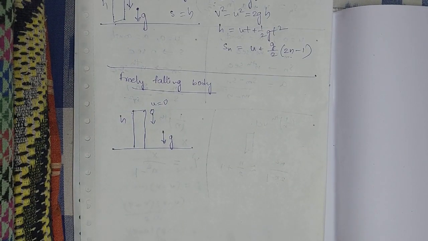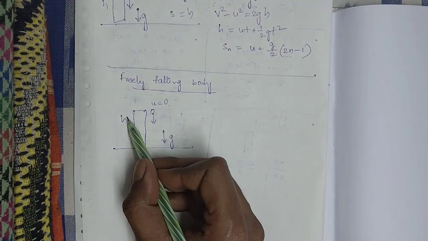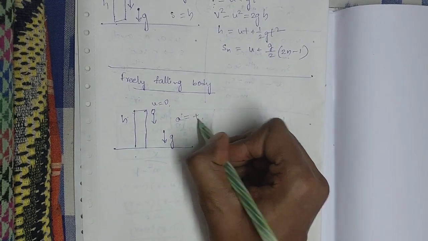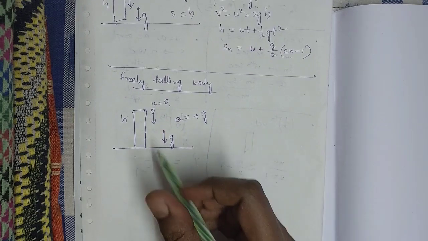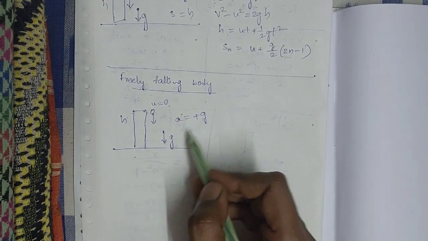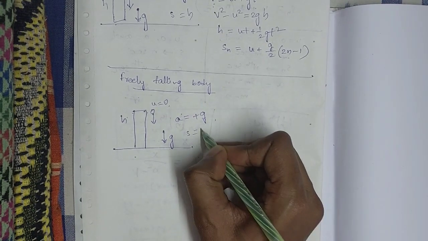In the next case, if the body is released freely with initial velocity 0 from the height h, acceleration equals plus g, because the direction of travel of the body and the gravitational force are in the same direction. Next, displacement equals h.